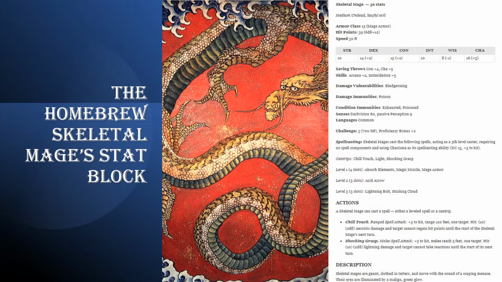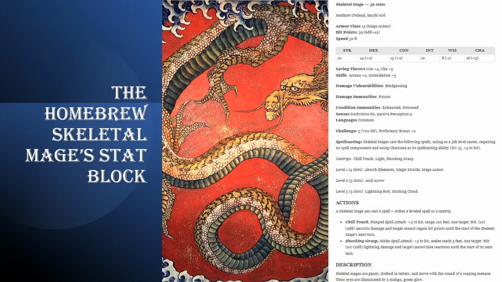For the spells, we chose Chill Touch, Light, and Shocking Grasp for the Skeletal Mage's cantrips. For level 1 spells, we picked up Absorb Elements, Magic Missile, and Mage Armor.